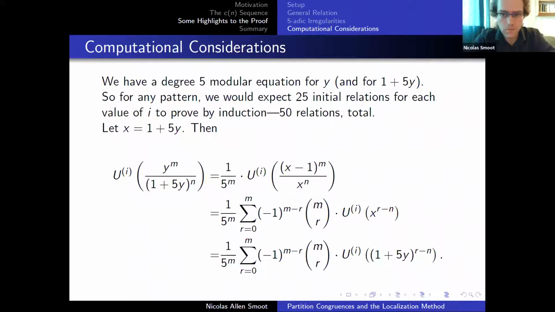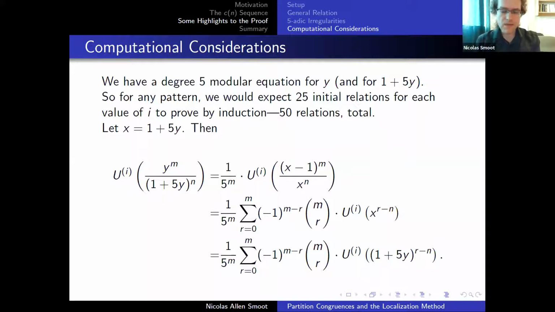One more additional thing that's kind of interesting. So Wang and Yang's proof, as I say, works with a rank 2 free Z[x] module. And they work with a modular function that has a degree 5 modular equation.